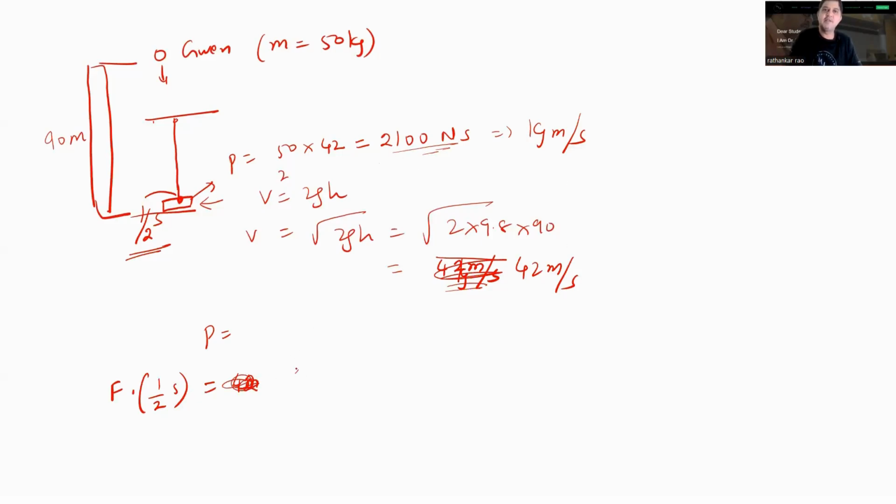The momentum is 2100 minus, when the webbing comes and brings her to rest, the final velocity is 0, or the final momentum is also 0. Divided by the time taken, half. Maybe I should take 0 minus 2100, I should have taken it the other way around. Anyway, we just take the magnitude. This is the change in momentum, delta P.